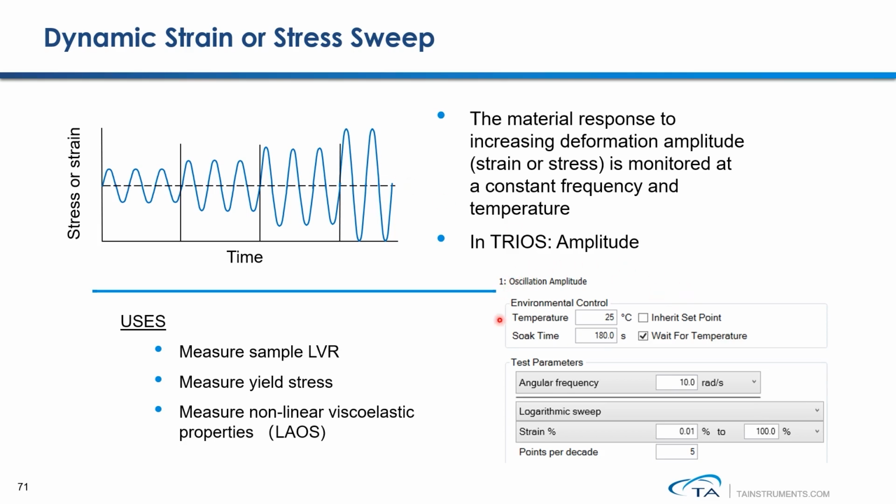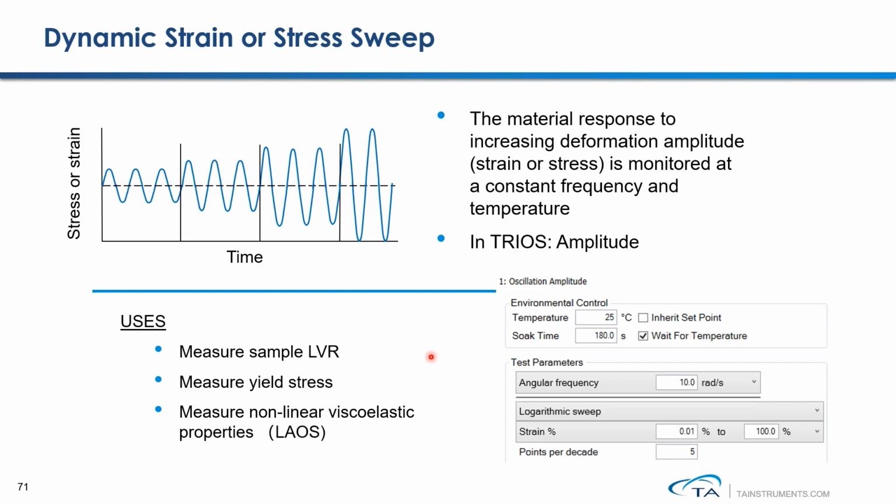This screenshot here shows you in TRIOS software how to set up an oscillatory amplitude sweep test. One application of this strain sweep experiment is to measure your sample's linear viscoelastic region. This test method can also be used to measure a sample's yield stress.